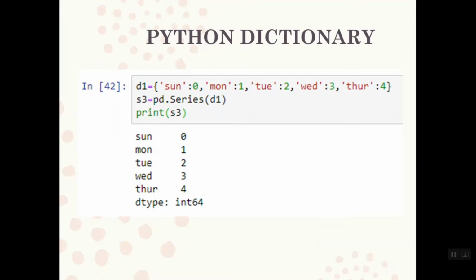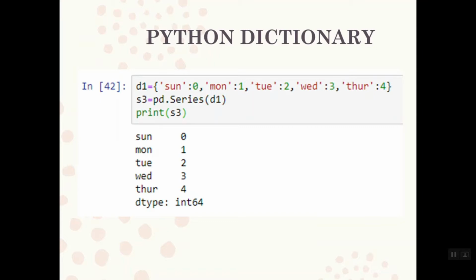So if we have taken series D1 with Sun as 0, Mon as 1, Tues as 2, Wed as 3 and Thur as 4, we just pass that dictionary into the Series argument, and when we print that series, we get the keys as the index and the values as the columnar values. And the default data type is int64 for this.